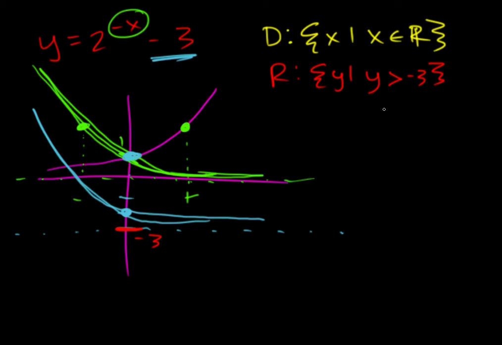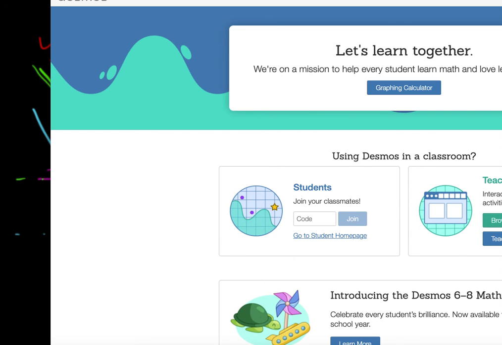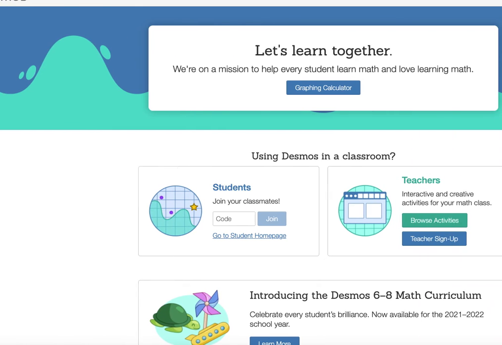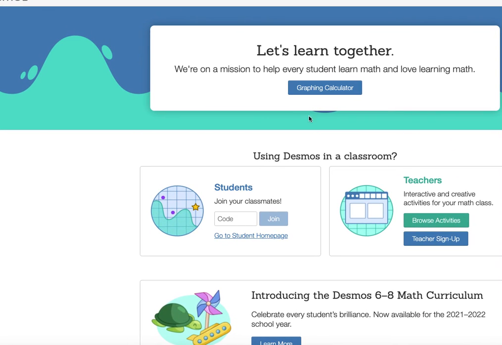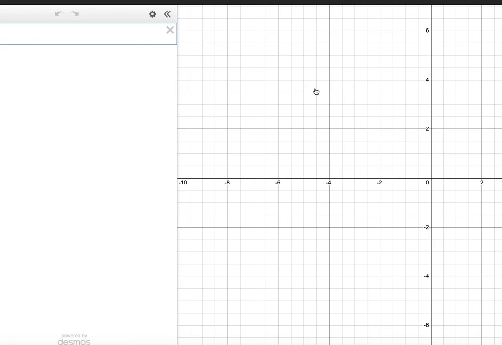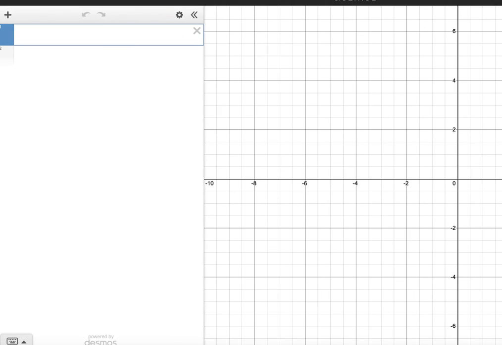And then they want us to use technology to solve this. So what we're going to do, we're going to go to Desmos real quick, just talk about this conceptually. And what we're going to do is just graph both sides. So one of the sides was 3 to the x.